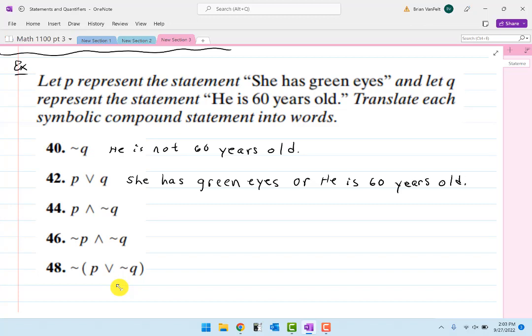There's your compound statement. Here, P and not Q, we have she has green eyes and he is not 60 years old.